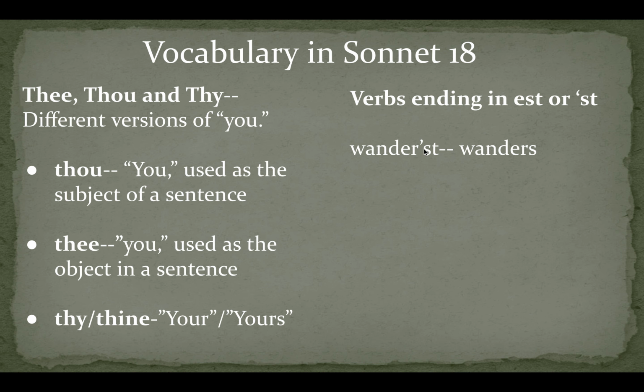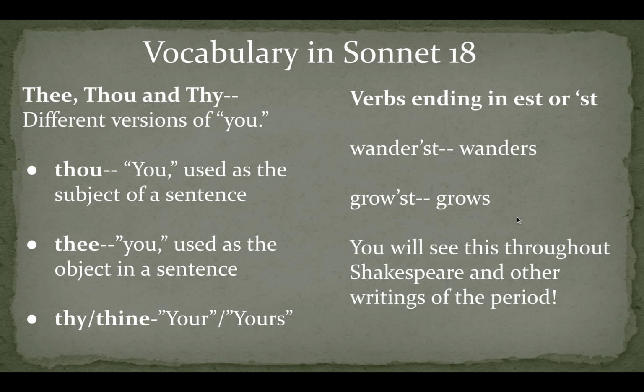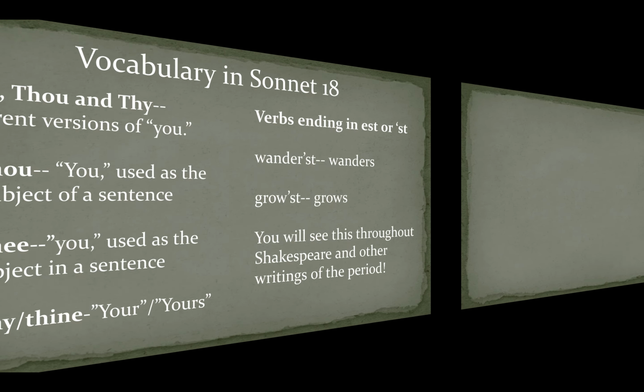You can imagine that there's a little e right here. Growest is grows. Again, imagine a little e. And you're going to see that throughout different sonnets in Shakespeare and other writings of the period. You'll see this in the Bible, especially if you read the King James Version of the Bible.